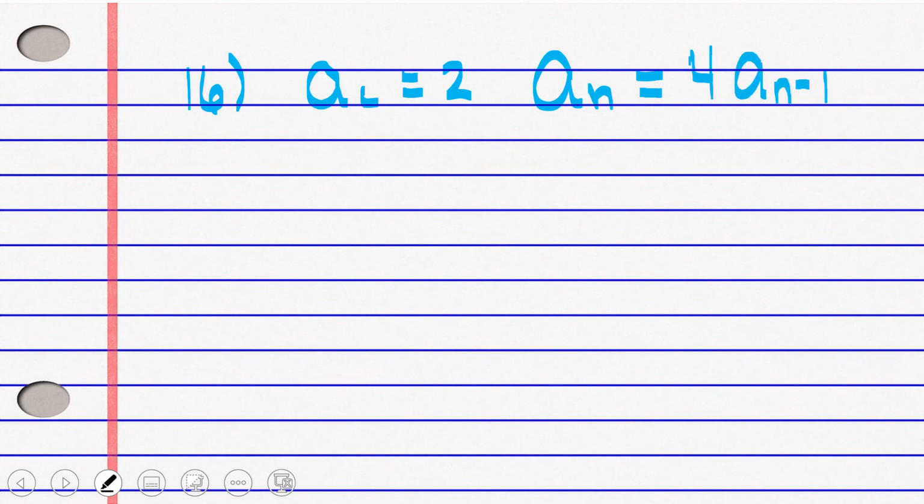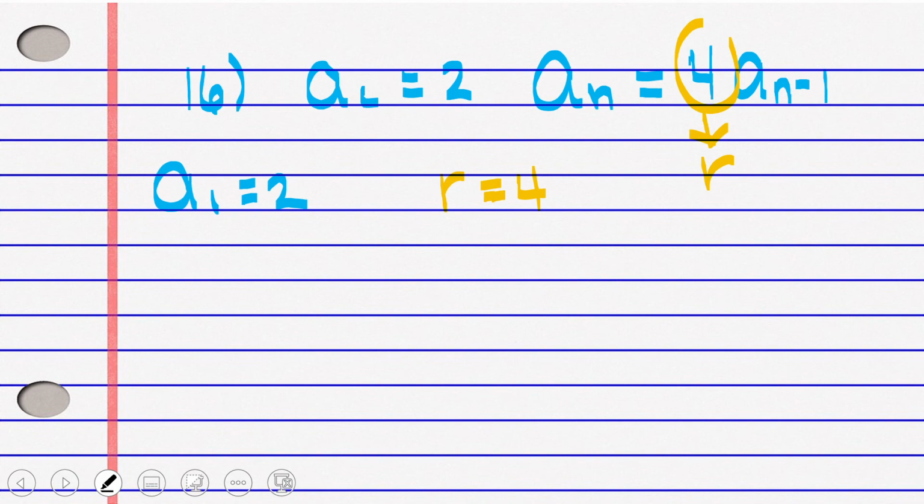So it's some kind of formula. And if you're starting with a of 1 equals 2 and you apply this formula, you need to pull out the value 4 is your R, or common ratio multiplier. So it tells you that in the formula.